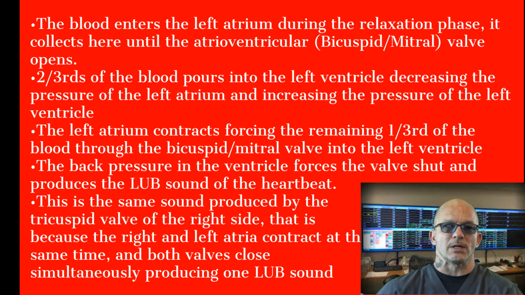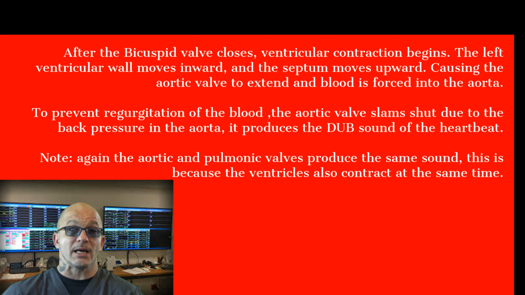You may have noticed this is the same sound produced by the tricuspid valve on the right side of the heart. This is because the right and left atria contract at the same time and both valves close simultaneously, producing one lub sound. Now, after the bicuspid valve closes, ventricular contraction begins.